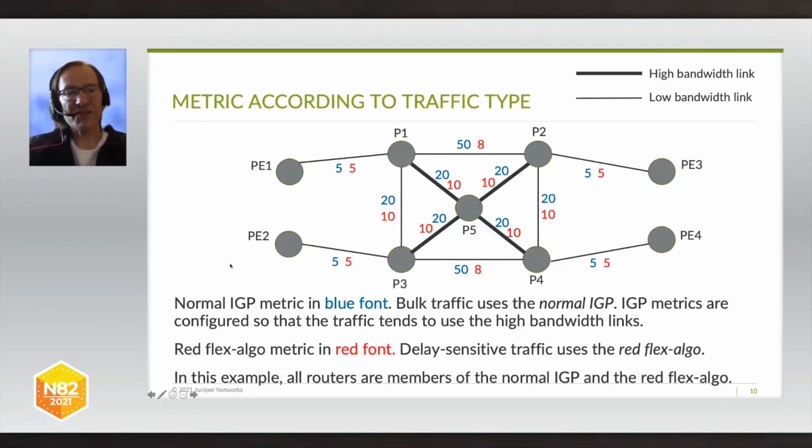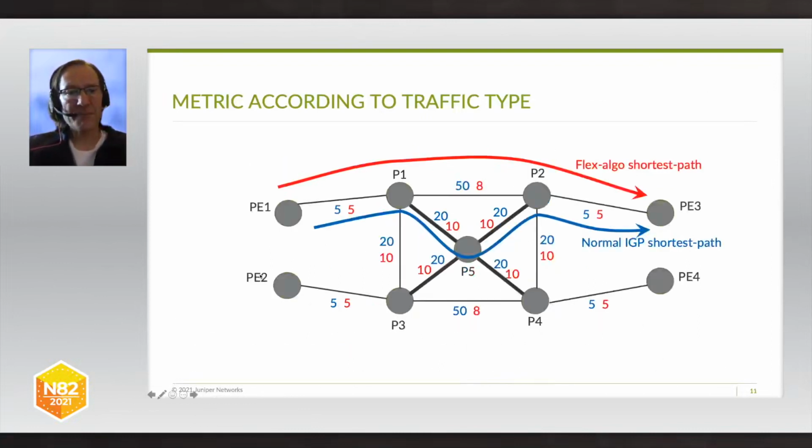And so that means that, in fact, those two different types of traffic being mapped to different topologies with different metrics actually tend to follow different paths through the network, which is exactly what we want. And so if you look here, the latency sensitive traffic, which is following the flex algo shown in red, passes straight across the top of the network, P1, P2, PE3, while the bulk internet traffic, which we wanted to follow the high bandwidth links, follows this other path via P5 across the core of the network.